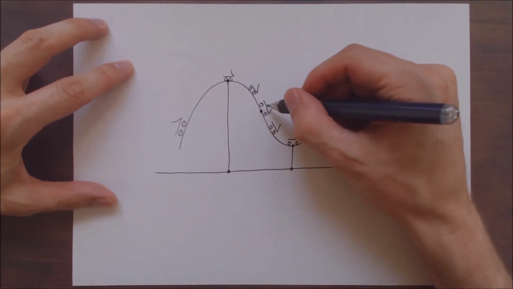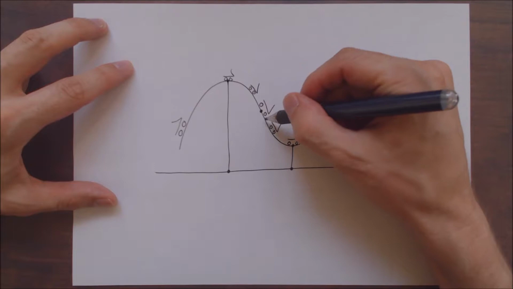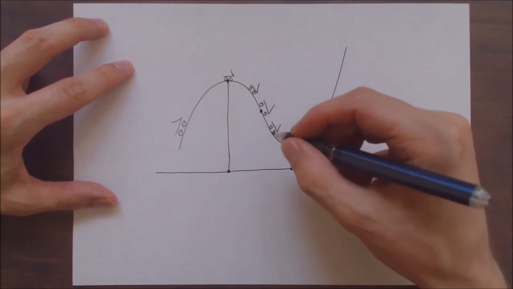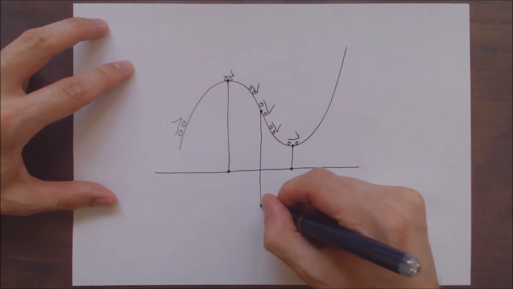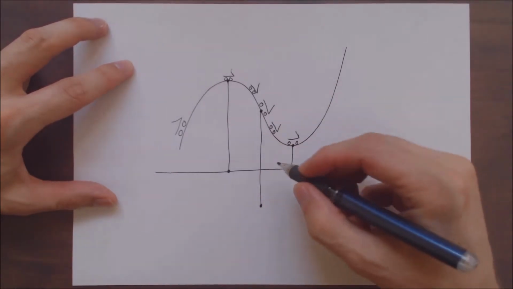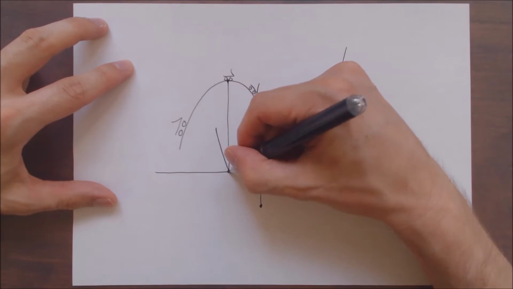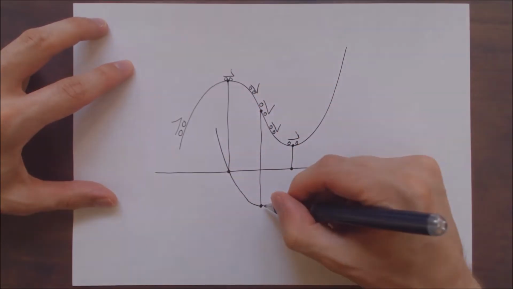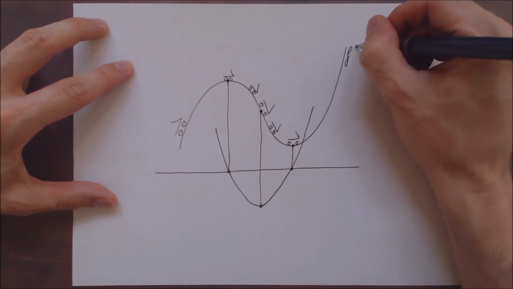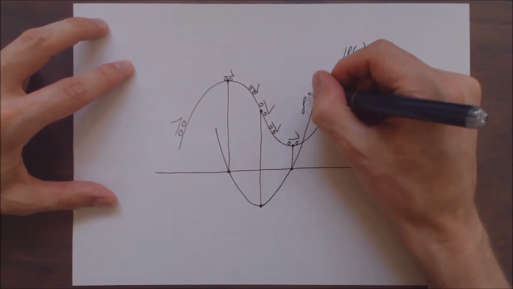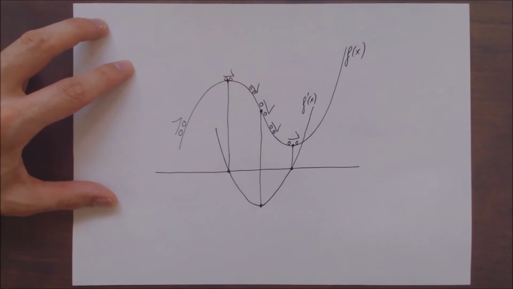And here the slope is very strongly negative, and that means the minimum of the derivative must be at this place. So the derivative looks something like this, a parabola. This is the original function f of x, and this is f prime of x, the derivative.